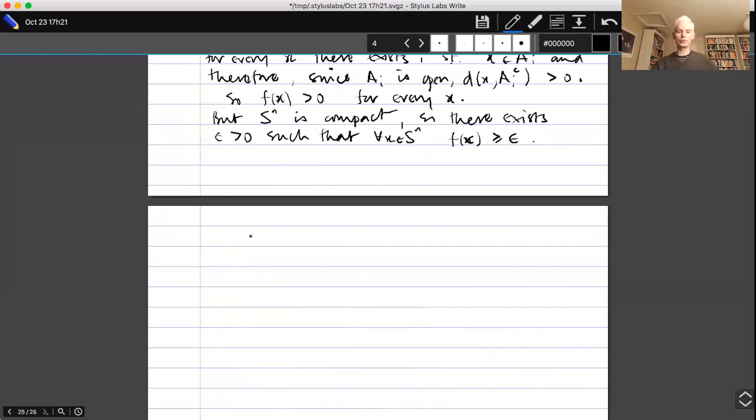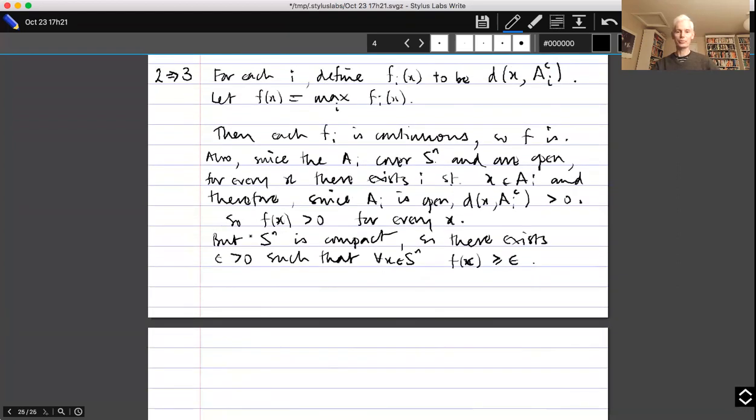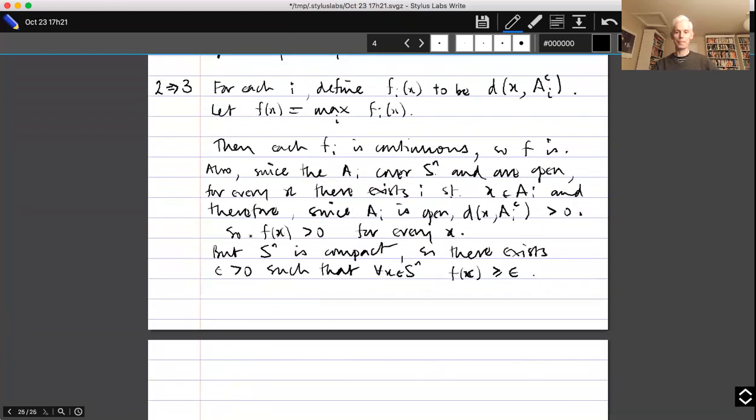Now, what we were trying to do: we've got some open sets, and we want to create some closed sets. The idea is that when you've got your open sets that cover Sn, because open sets are open, they have a little bit of extra stuff on the boundary that you didn't really need. So we're going to pull them in very, very slightly and take closed sets instead. We're going to chop a little bit off the edge of each A_i. That's the rough idea.